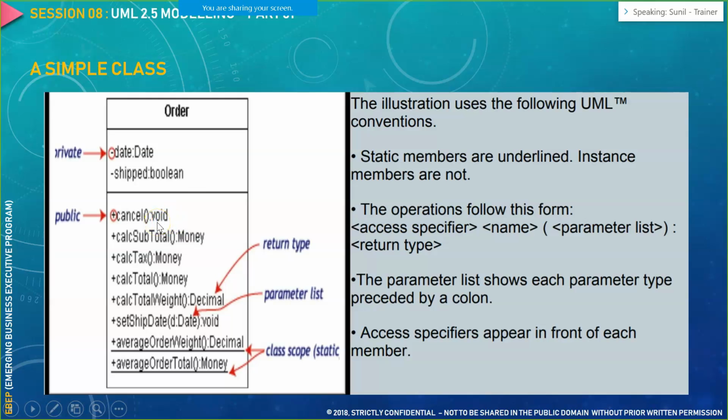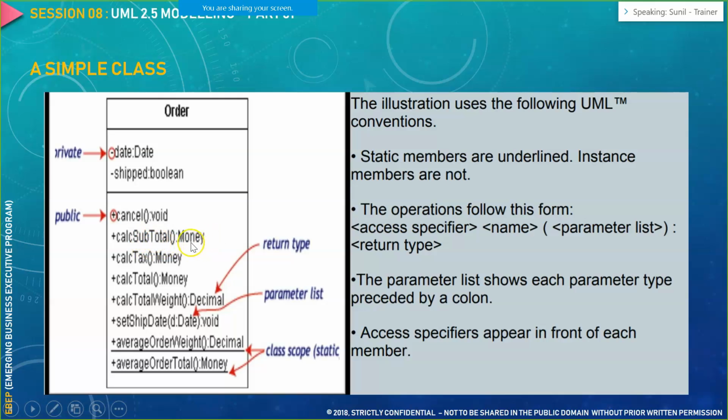Now what is a return type? Return type is the format in which the function returns a value. For example, if you cancel a particular order, the return type would be void. It essentially won't return anything, but when you log in to the system, you would see a flag that this order has been cancelled. If you consider the total after the function has been executed, calculation of the total amount, the return type would be money.